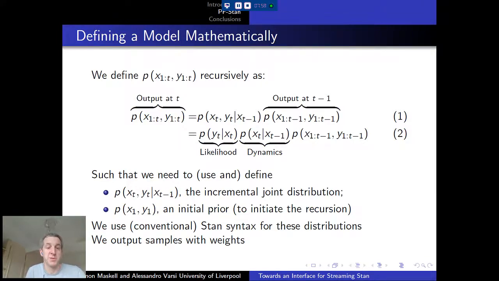We want to be able to use STAN so that we can flexibly define all the distributions we're interested in. And as I say, we have something analogous to NUTS that enables us to sample very efficiently, in the same way as NUTS enables you to sample very efficiently in the batch analytics context.